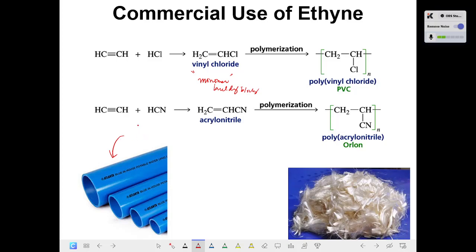The other one is iba yung reagent. This one is hydrocyanic acid or hydrogen cyanide. It will form your acrylonitrile. And then same process, ito will serve as monomer or building blocks natin.